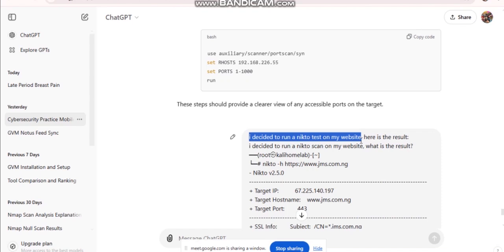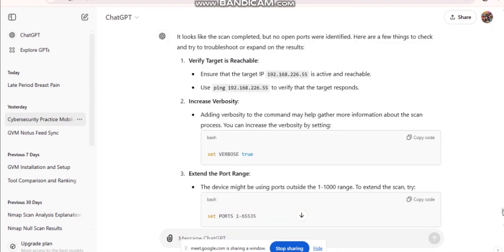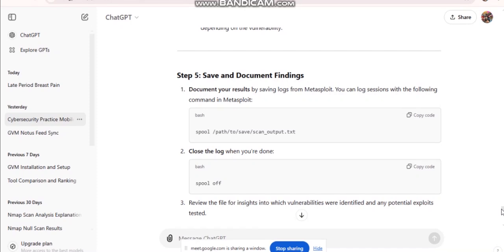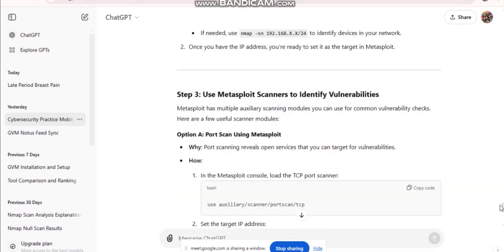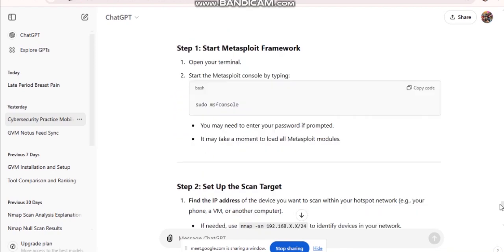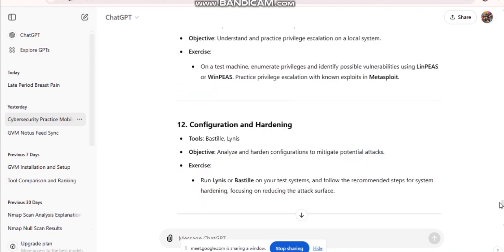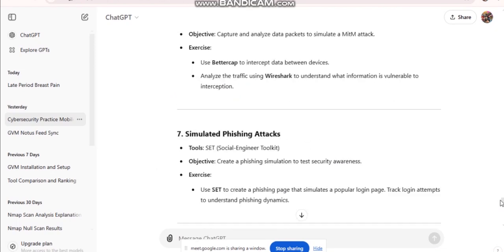I just ran a few commands and it got installed, and I decided to give it a try. So this Nikto, along with Metasploit, then I think it gave me, let me go up a little bit, let me see whether I could get the instructions above with the tools that it recommended.